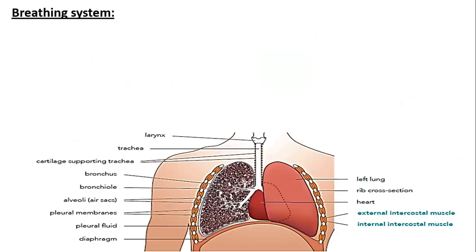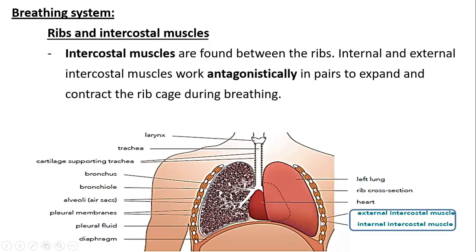Let's continue looking at the organs of the breathing system. We have the ribs. Can you see? This is a cross section in the ribs, and your external and internal intercostal muscles. So the internal and the external intercostal muscles are found between the ribs, in the same place, but one of them is on the inside and one of them is on the outside.